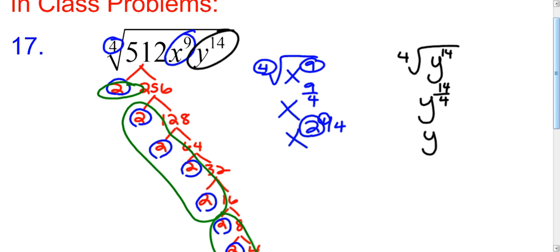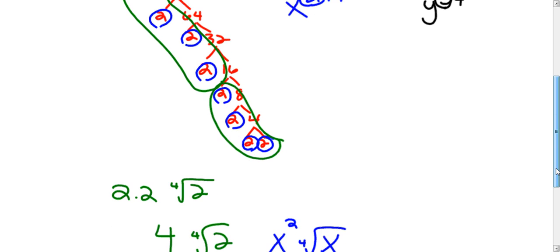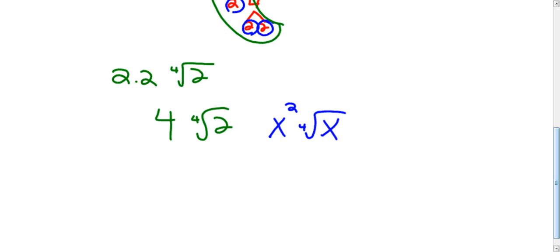So this becomes 3 2/4, which I know does reduce to 1/2, but you don't want to reduce it here. You want to leave it as 2/4. So here's your outside exponent, here's your inside exponent. I have 2 left over. So this would be y to the 3rd power, and then the 4th root of y squared.